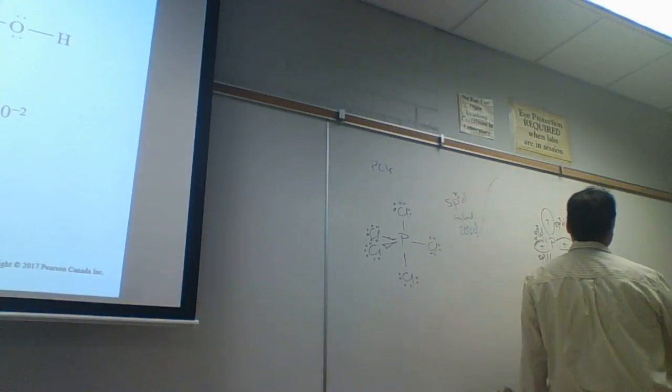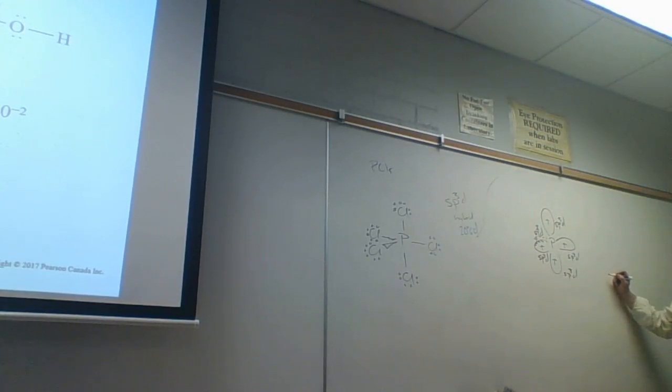And then we want to minimize repulsions. Maximize bonding, minimize repulsions. Normally phosphorus is like this. Normally phosphorus should form 3 bonds and one lone pair.